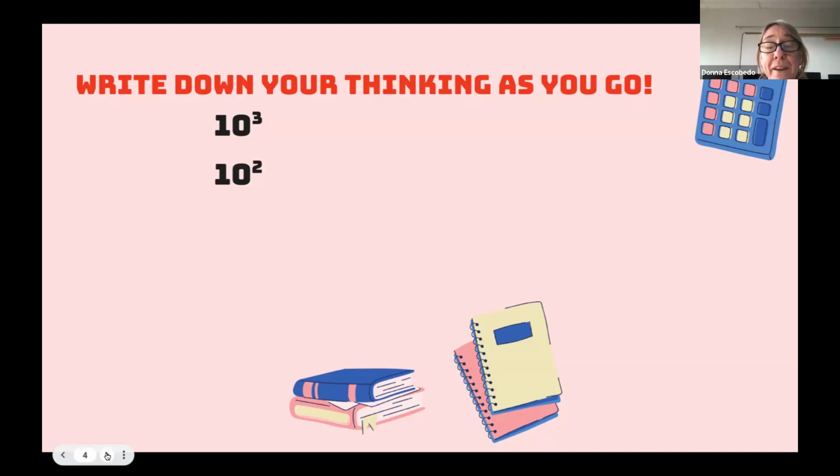All right, thousands place value, 1,000. So 10 times 10 times 10. All right. Our second number here, 10 to the second, or 10 squared. What would that give us?